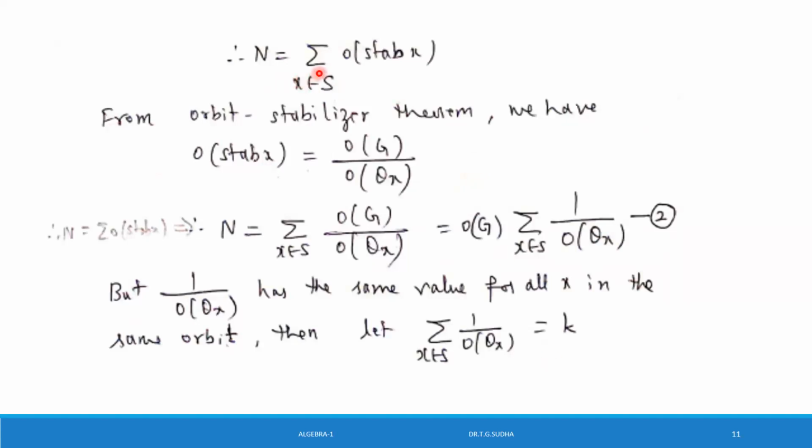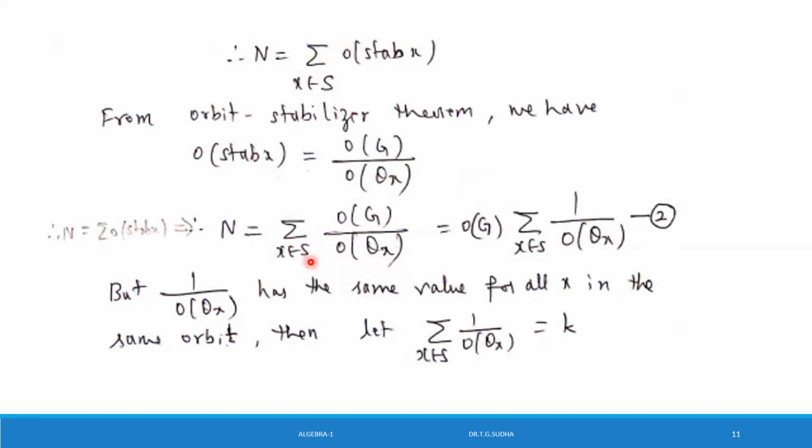Therefore, N can be taken as summation order of stab X where X belongs to S. But in orbit stabilizer theorem, which we discussed in the previous session, we have order of stab X is equal to order of G divided by order of the orbit of X, that is OX. Now for order of stab x, we can substitute order of G divided by order of orbit of X. Therefore, N will be equal to summation order of G divided by order of OX, where X runs over the set S.